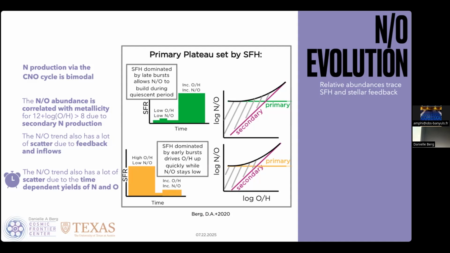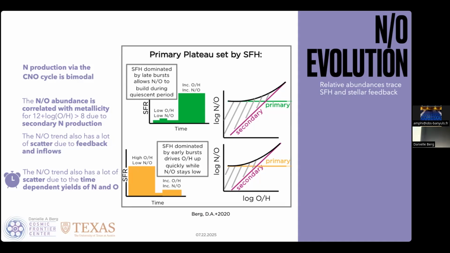And so if you had this lower efficiency here where you didn't have a lot of star formation early in time, you are going to very slowly build things up. So you'll get some oxygen right away, but you're going to get your nitrogen back as well before you really kick up your star formation. So your oxygen will go up a little bit, but then you'll get your nitrogen enrichment after time, which sets this overall pretty high primary plateau before you've built up enough oxygen to kick off the secondary.